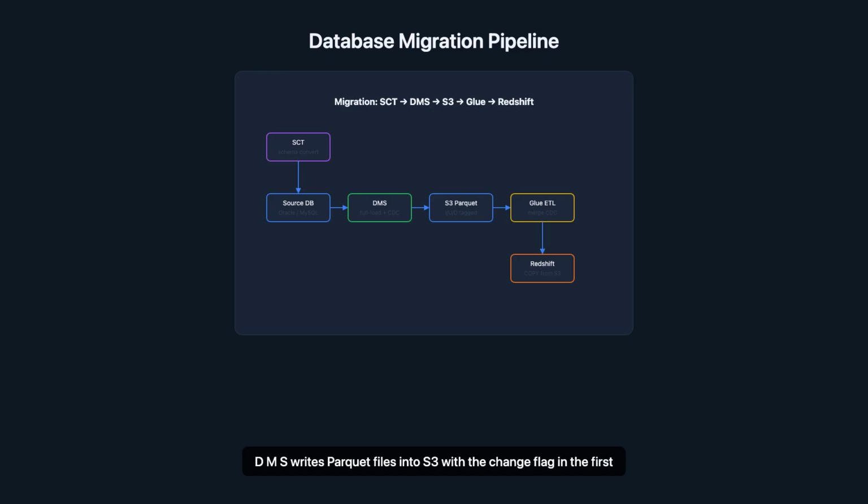DMS writes Parquet files into S3 with the change flag in the first column. Glue ETL reads those files and merges the changes by inspecting the I, U, or D flag. And finally, the curated tables are loaded into Redshift with a parallel copy from S3.